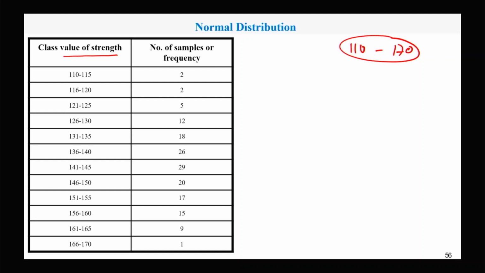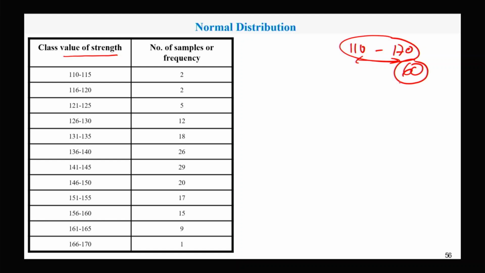So first we have to classify these values in different groups. So what we are trying here, the range is 60, so 170 minus 110.